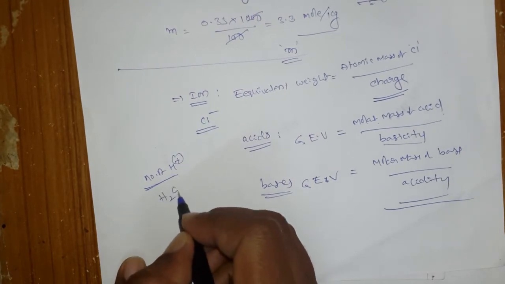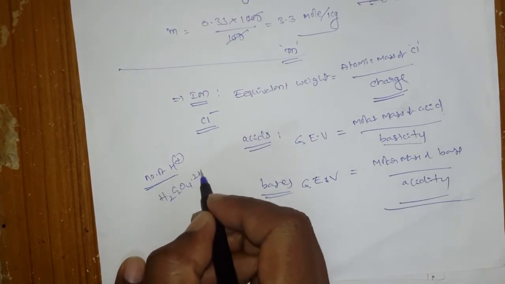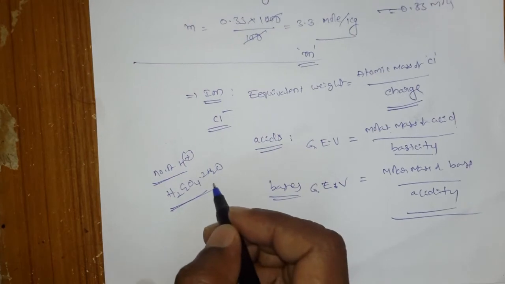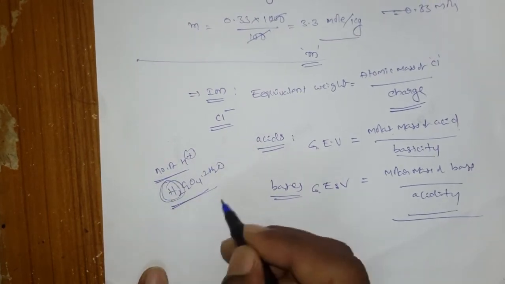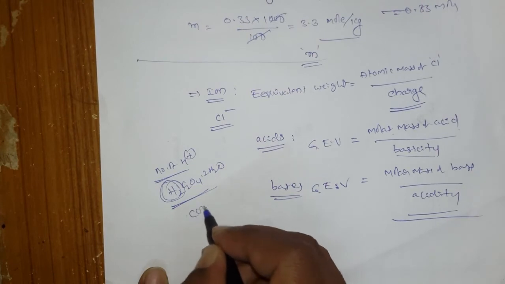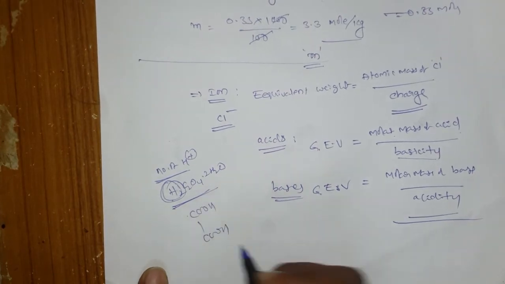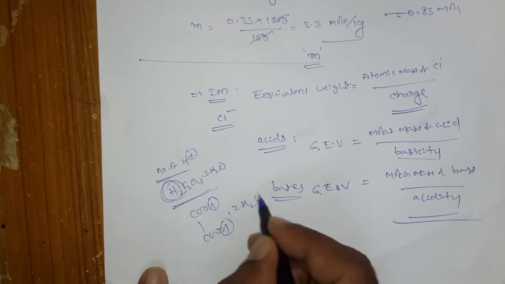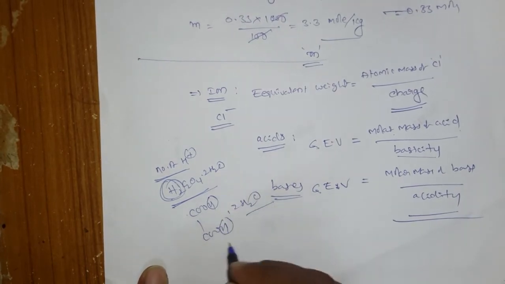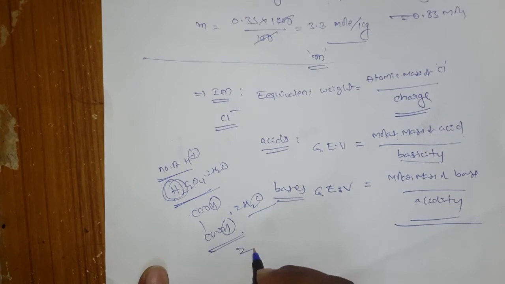What do we have here? Oxalic acid, H2C2O4. In this, how many hydrogens are replaceable H plus ions? These two. Oxalic acid, H2C2O4, is COOH COOH. So this hydrogen and this hydrogen can be replaced. That means here the basicity is 2.